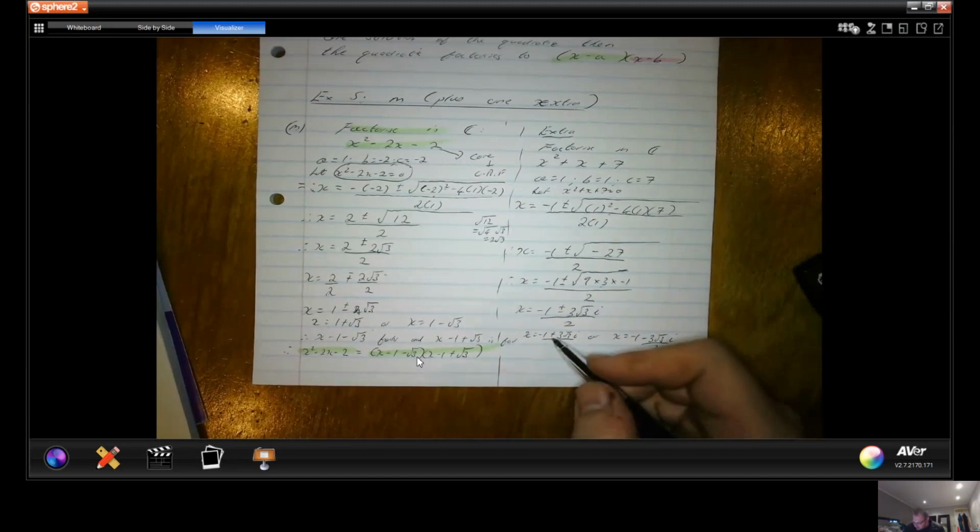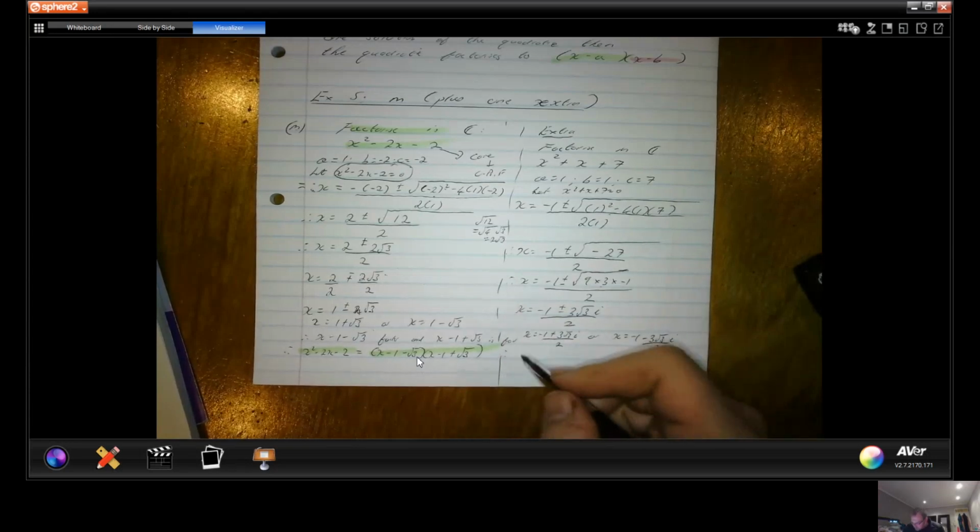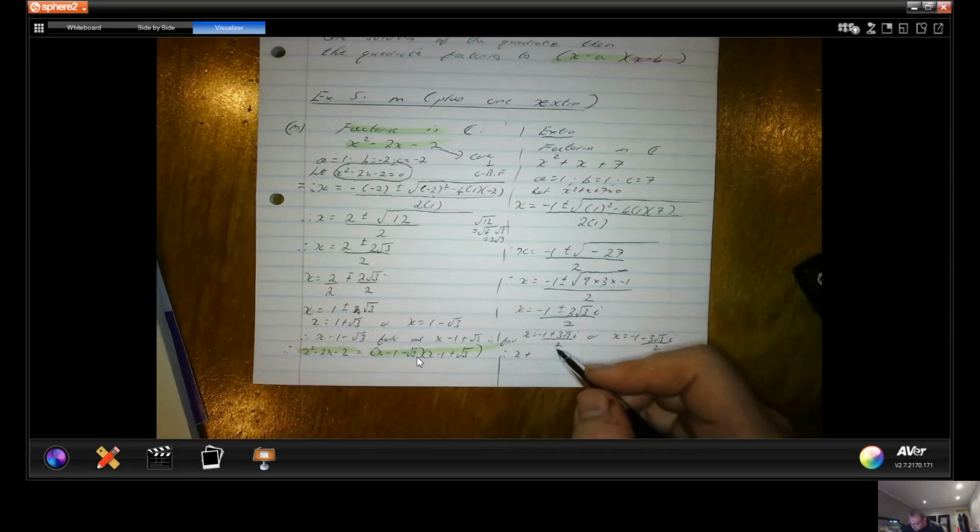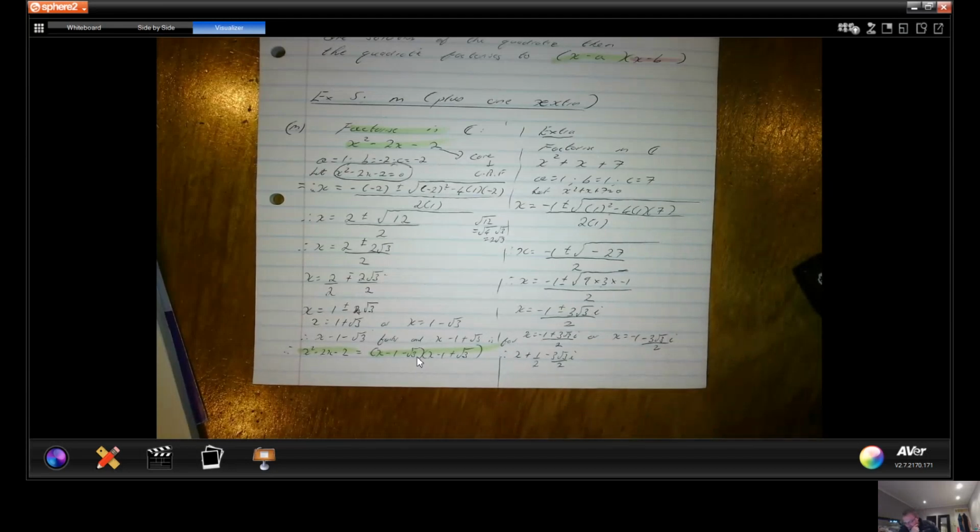Okay. And I can think of it as negative a half plus 3 root 3i over 2, or negative a half minus 3 root 3i over 2. So in other words, x plus a half minus 3 root 3i over 2 is a factor.